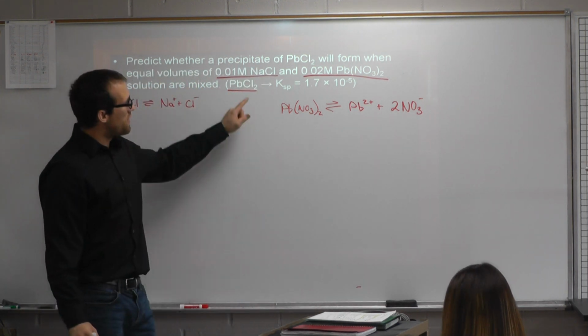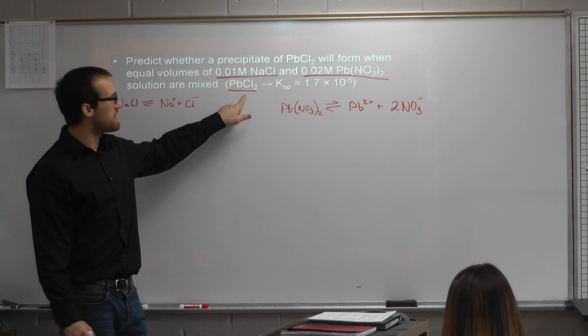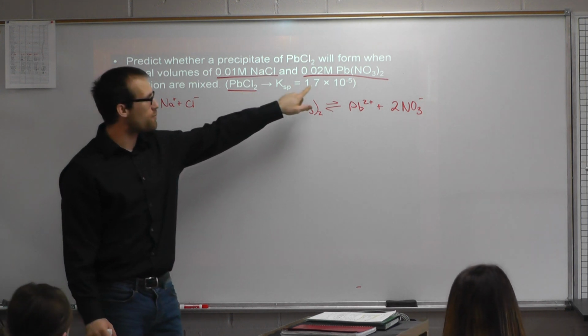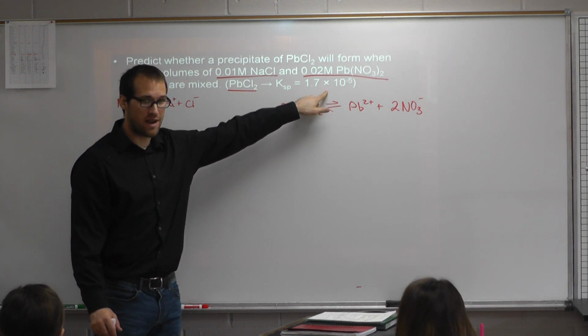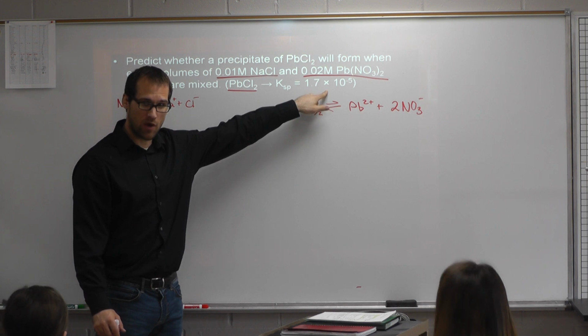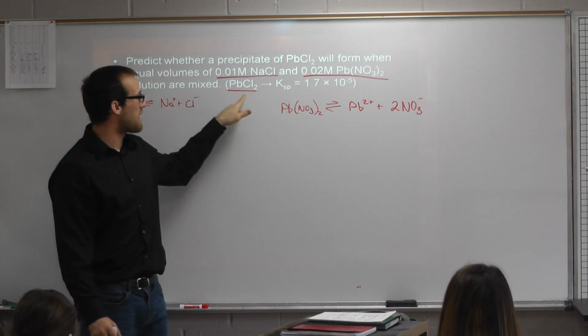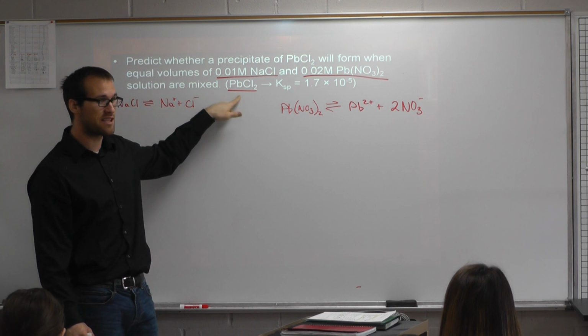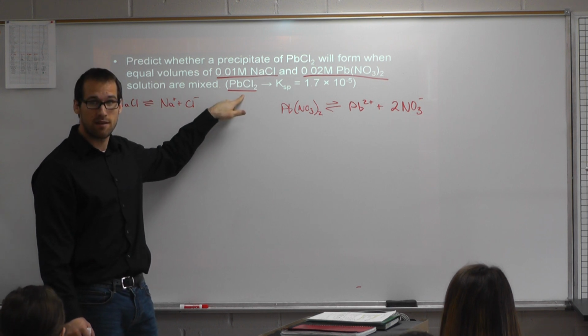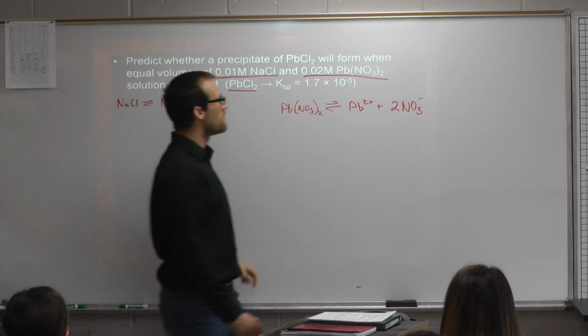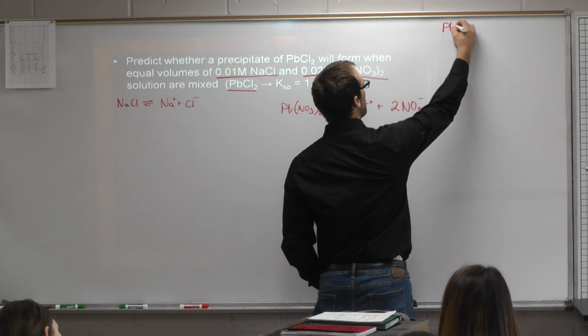Ultimately, I'm trying to find the experimental KSP of this guy here so that I can compare to the theoretical. So, if I'm trying to find the experimental KSP of this, I probably need the expression for this. Right? So I'm going to write this equation up here.